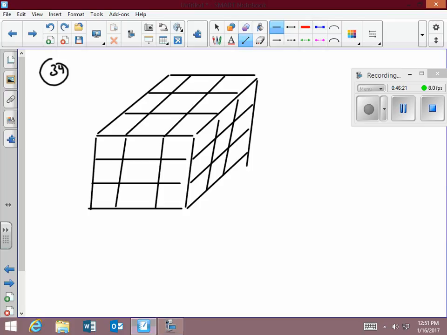Okay, and it says, no faces painted. Well, right buried in the middle of that stack is one cube. Right, one cube. No face.